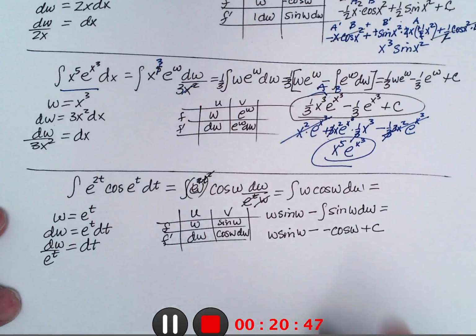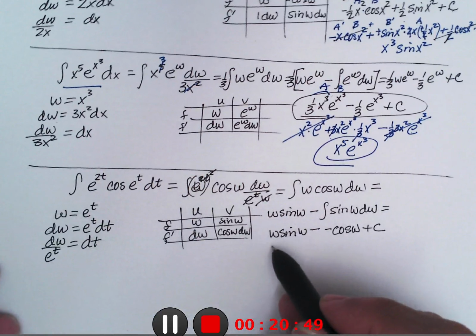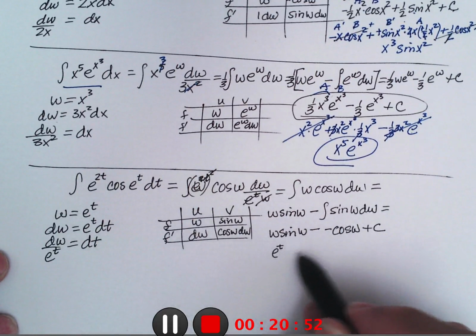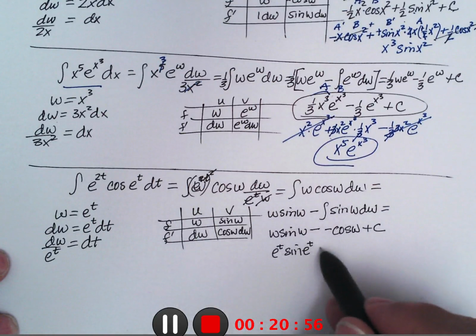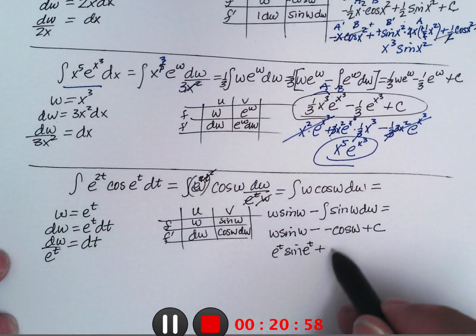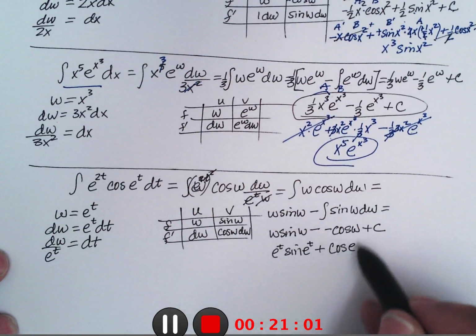And w was e to the t, so we have e to the t sine e to the t plus, minus minus is plus, cosine e to the t plus c.